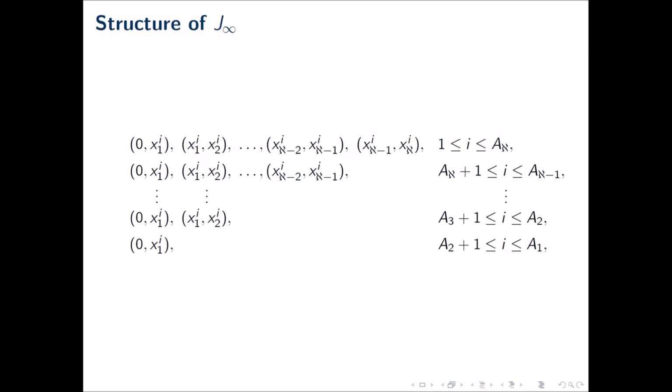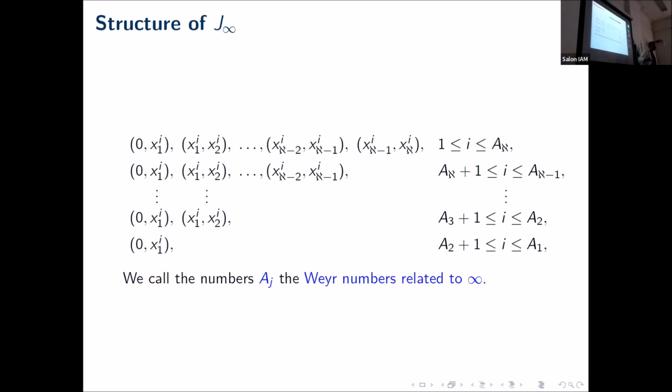And again, I can write down: I start with the longest, second longest, and so on, and count. And these numbers are here. I forgot to make it blue, sorry.